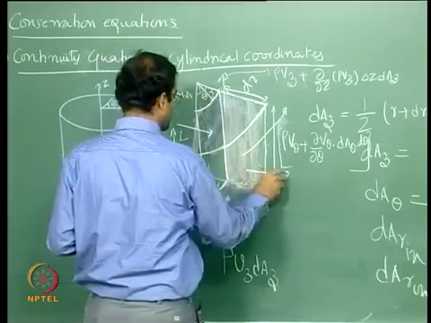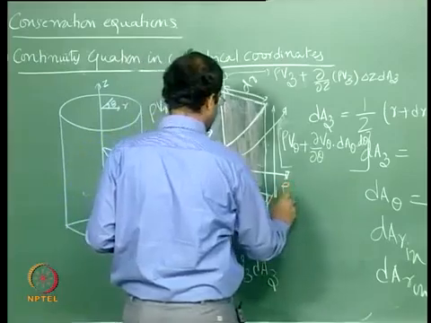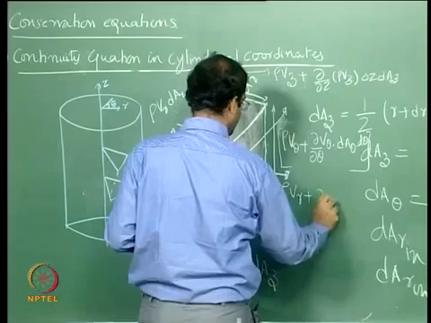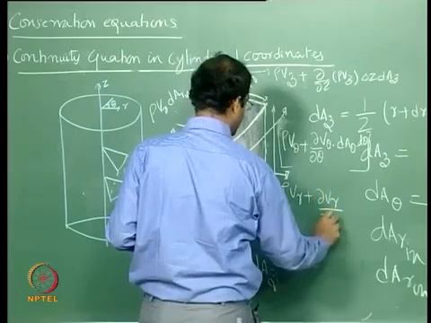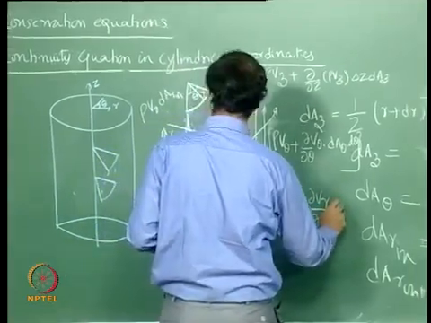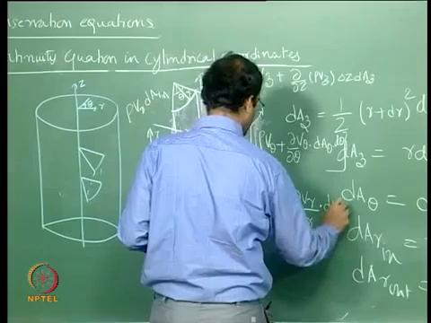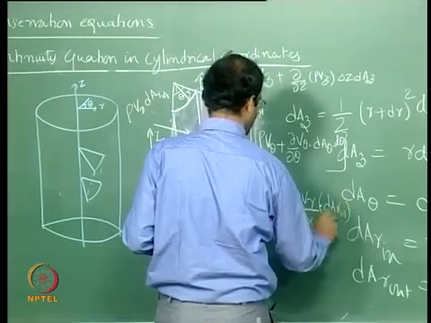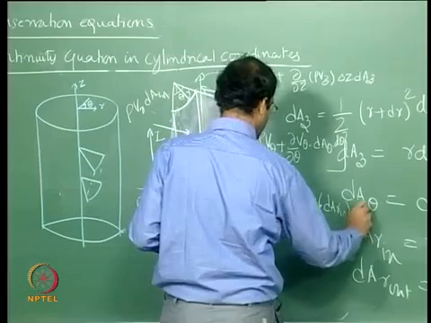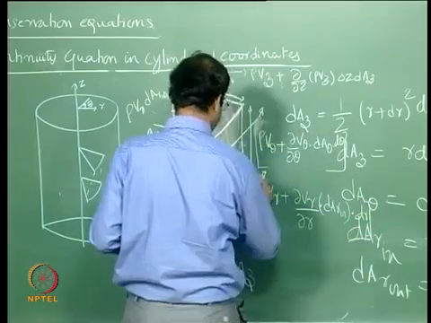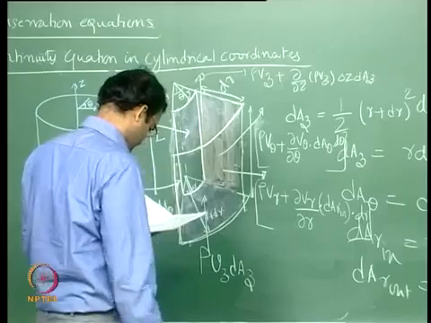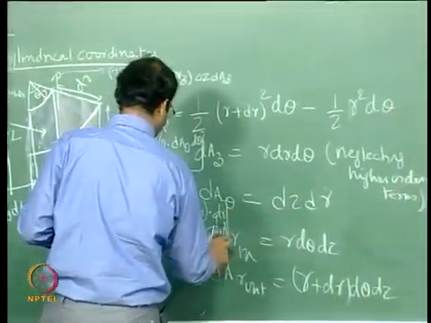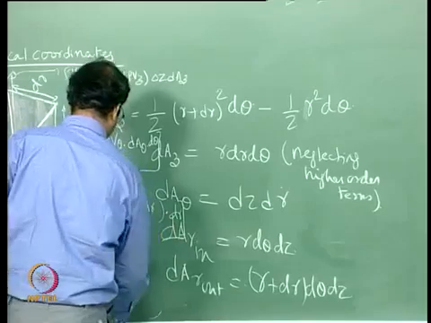The one which is exiting in the radial direction, by Taylor series expansion, will be rho Vr plus d of rho Vr by dr into dr, into dAr out here.